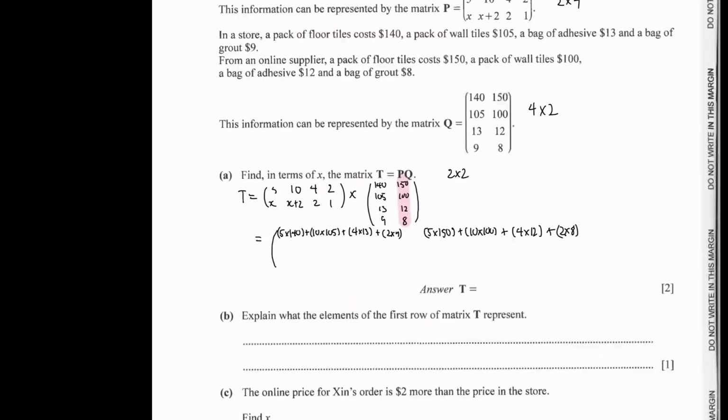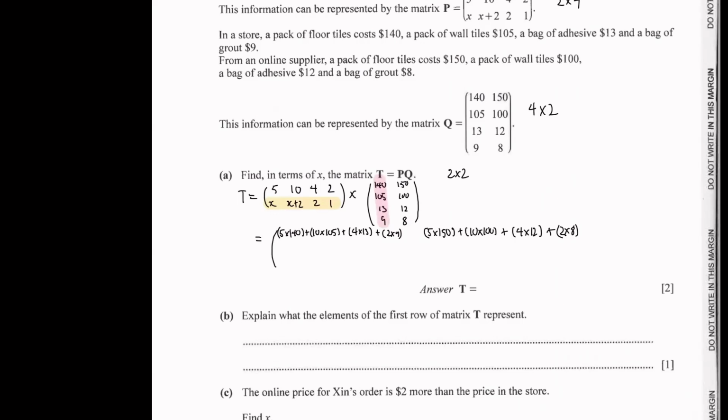Okay, now we can move on to the bottom left element. For the bottom left element, we are going to multiply the second row of the first matrix with the first column of the second matrix.